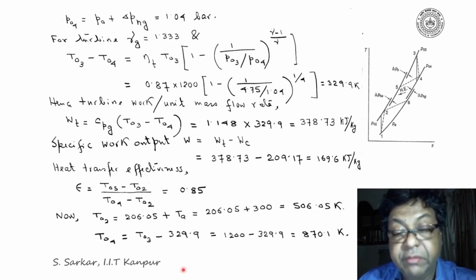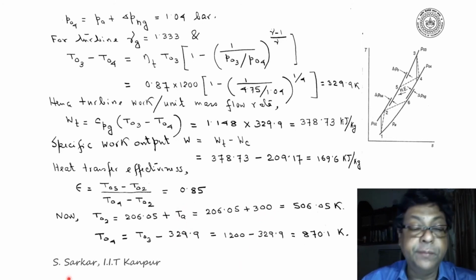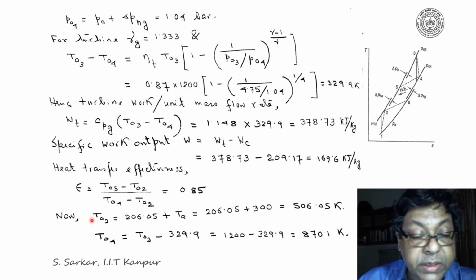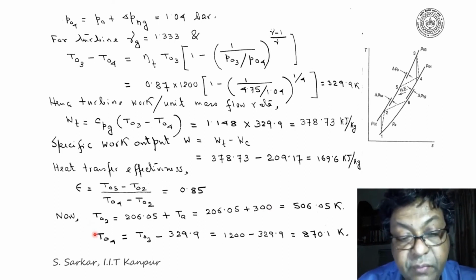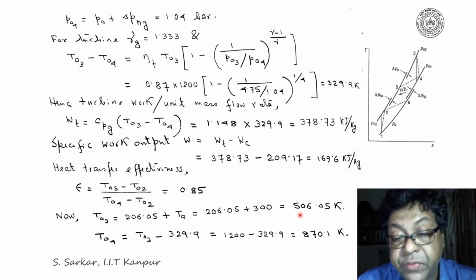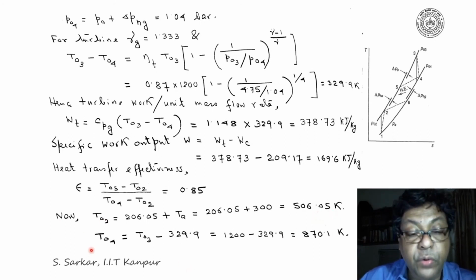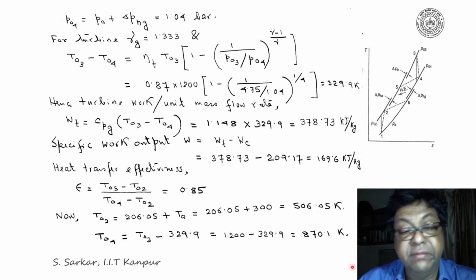If I now evaluate, you know the atmospheric temperature is 300 Kelvin, so we can evaluate T02 and T04. Now T02 would be equal to 506.05 Kelvin and T04 would be equal to 870.1 Kelvin.